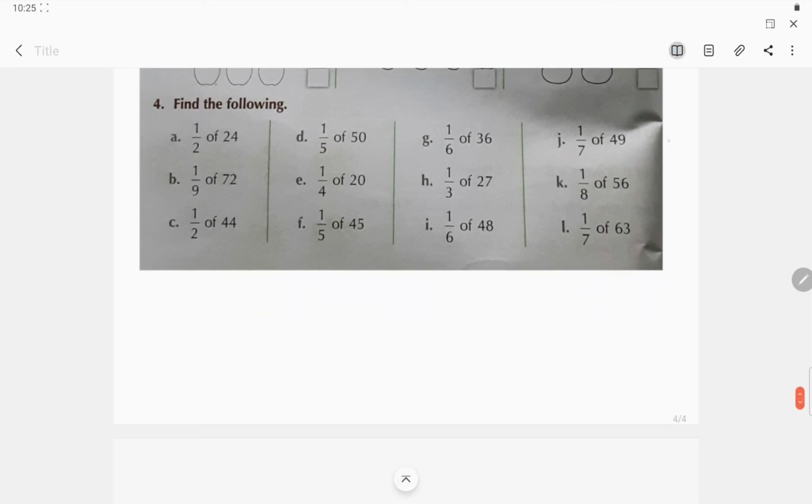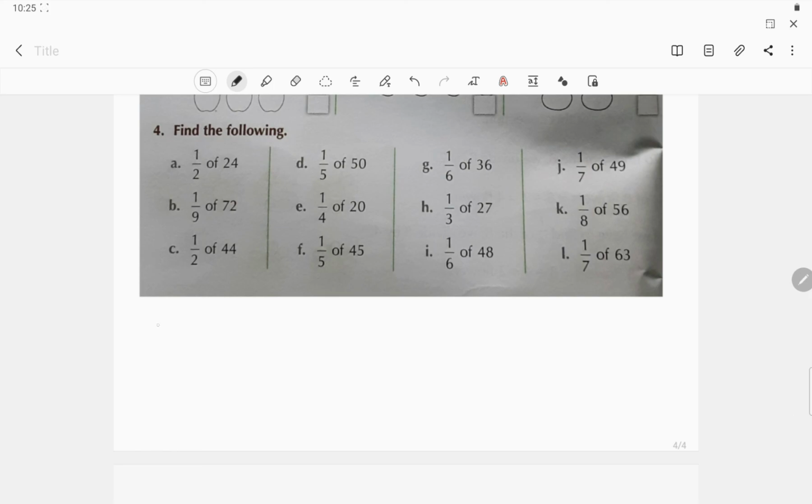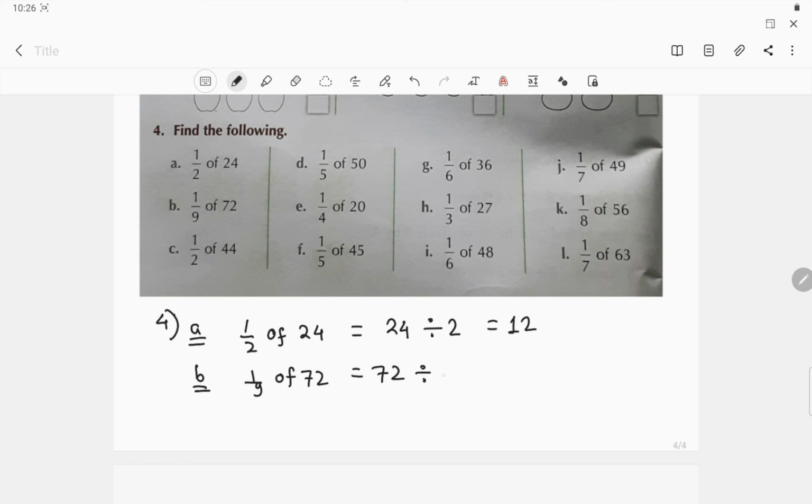Now I am solving 4a. It is given half of 24. That means 24 divided by 2. It means 12. B: one-ninth of 72. That means 72 divided by 9. You will get 8.